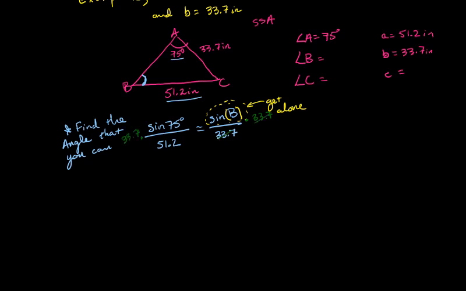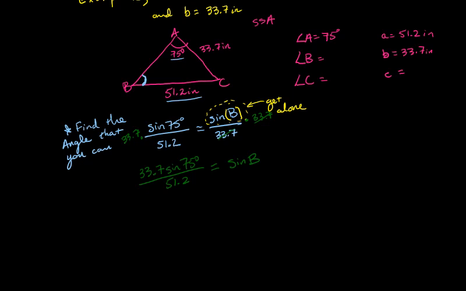That way they'll cancel out here, and then I'll have 33.7 times the sine of 75, over 51.2, and that will equal the sine of B. It's not going to equal B, it's the sine of B.